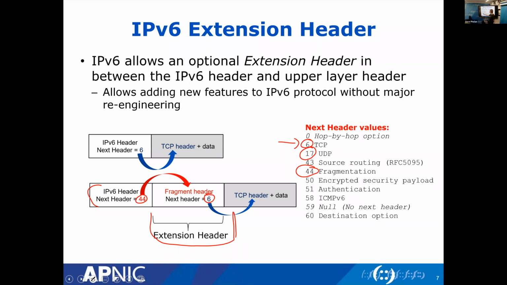So if I have more fragmentation in my data, I might have a 1500 MTU, maximum transmission unit, but I'm sending a 9K packet, so a 9,000 byte packet. Then I can have multiple fragment headers to say, hey, this data is fragmented, hey, this data is fragmented, and eventually we'll get to our payload.